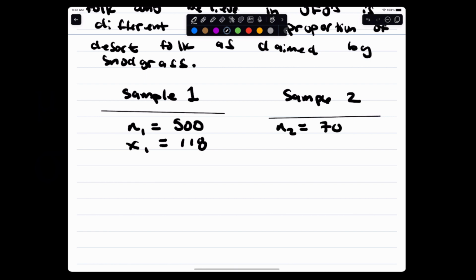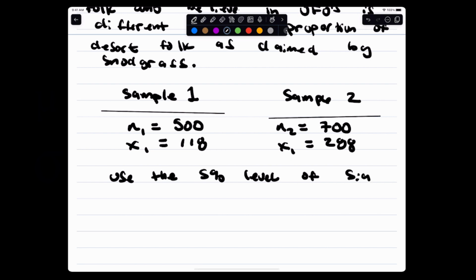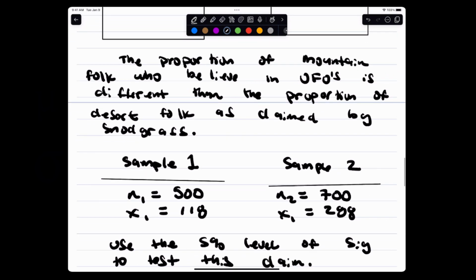You've got 700 here, and then that's 288. Use the 5% level of significance to test this claim.